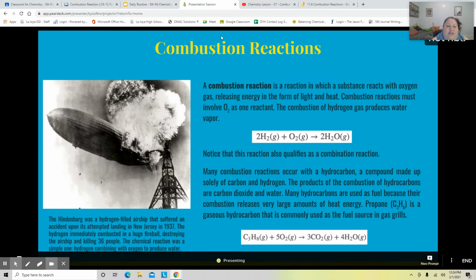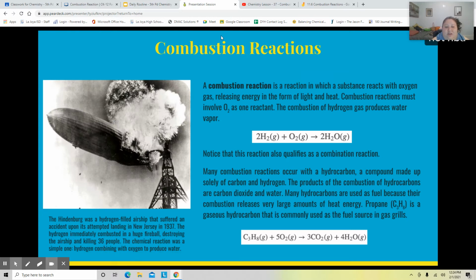A combustion reaction. And here you have a nice picture of another combustion reaction that killed some people. But before we talk about the picture, let's talk about the definition of a combustion reaction. A combustion reaction is a type of reaction in which a substance reacts with oxygen gas and releases energy in the form of heat or light.